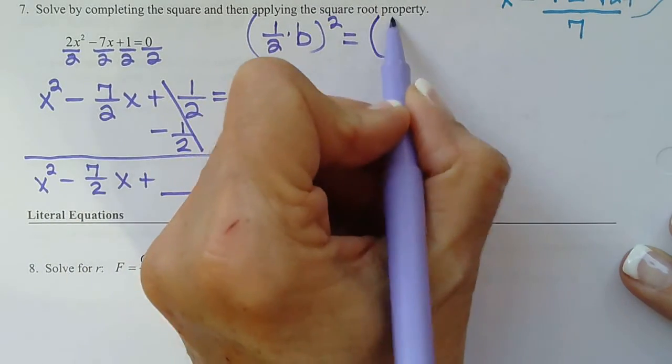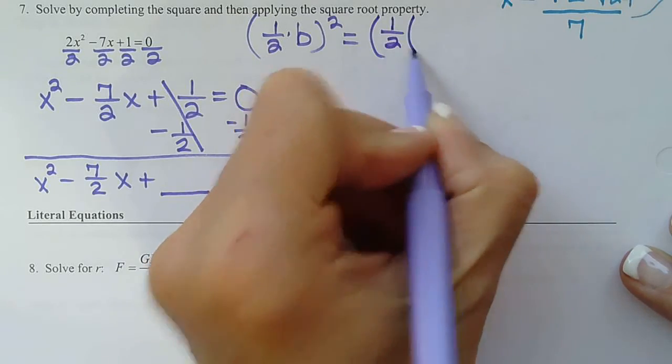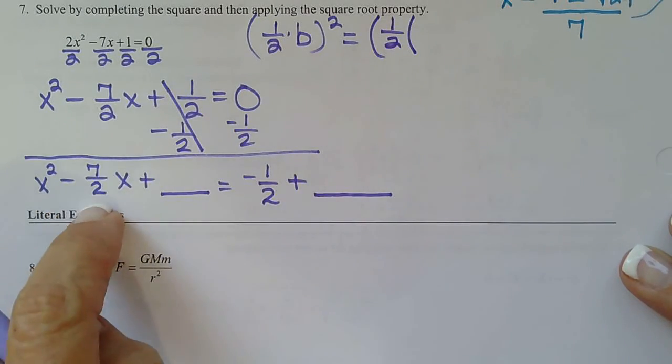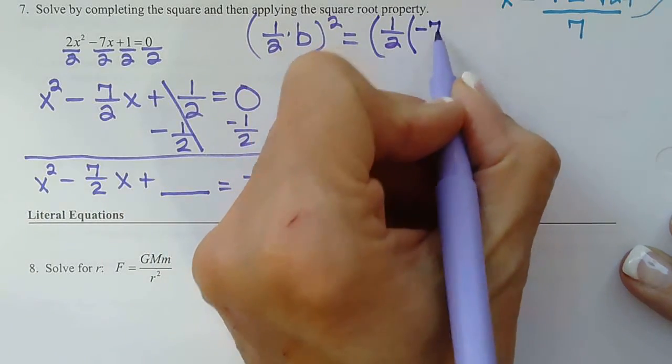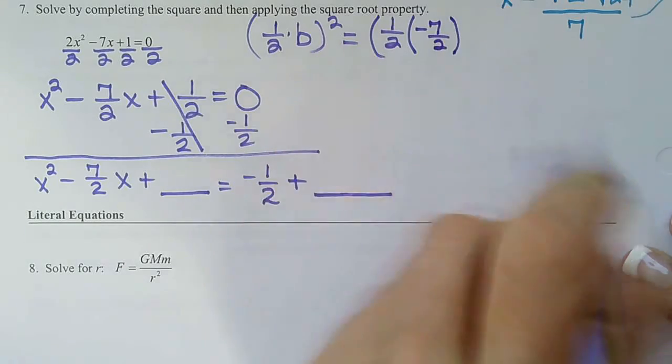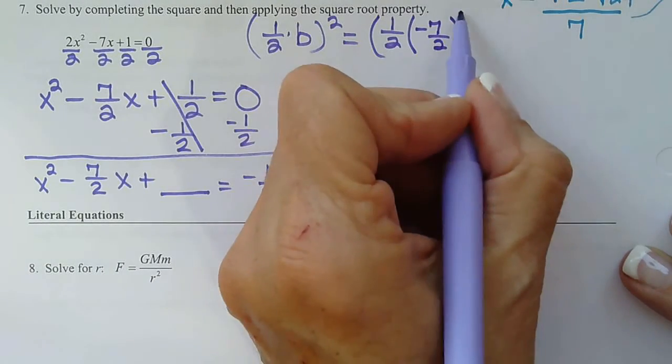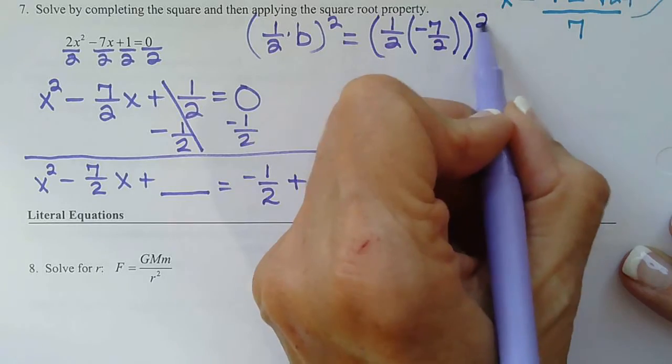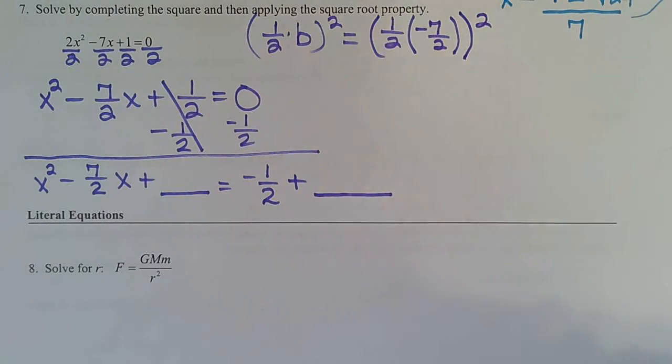So half of negative 7/2 quantity. So close that, close your main parenthesis, then hit squared.